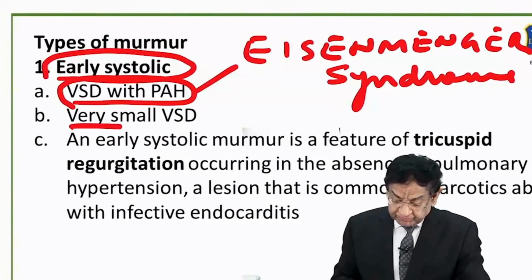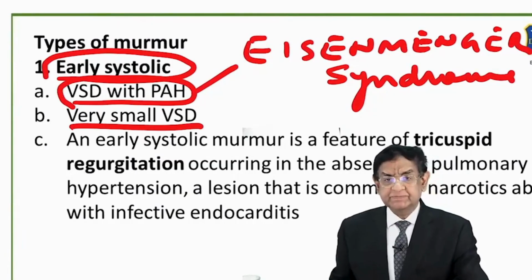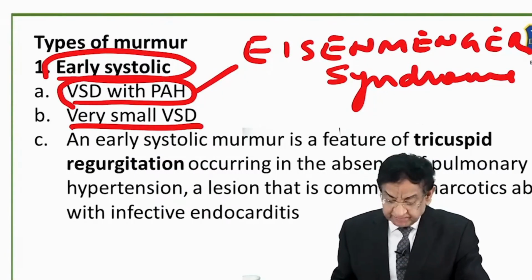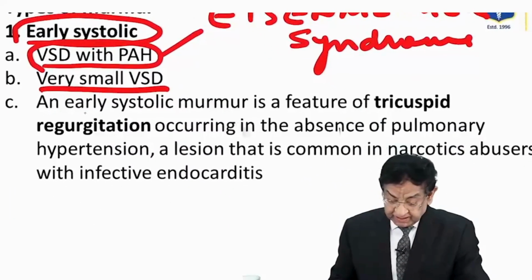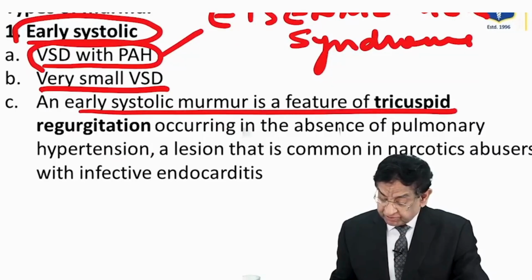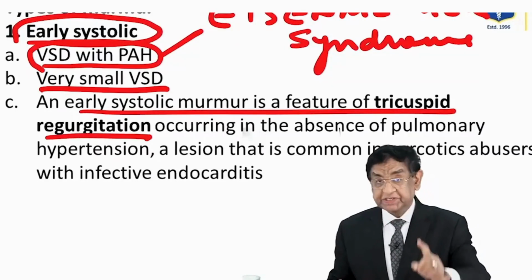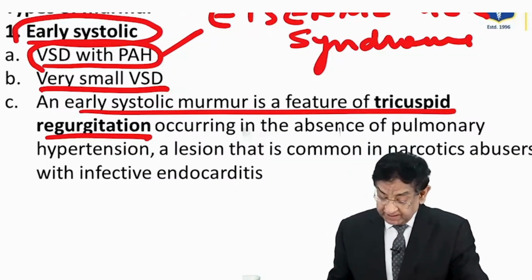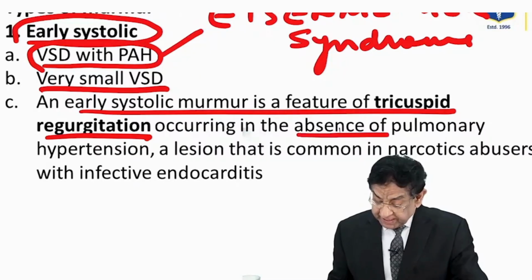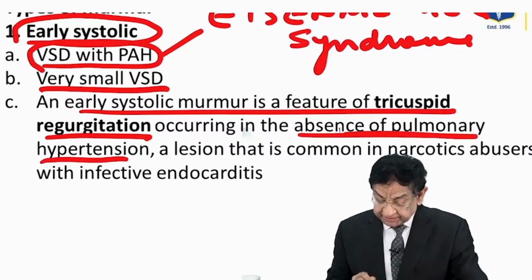A very small VSD will again produce an early systolic murmur. And one thing, early systolic murmur is a feature of tricuspid regurgitation occurring in the absence of pulmonary hypertension.